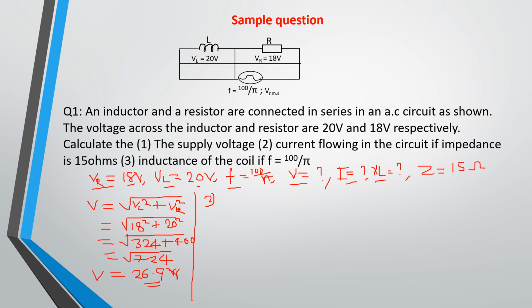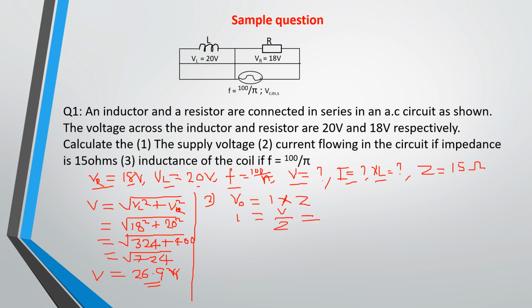Fine. So from the equation we had, peak voltage is equals to current times impedance. So the current flowing is equals to voltage all over impedance.